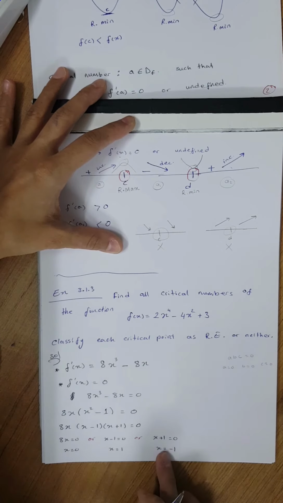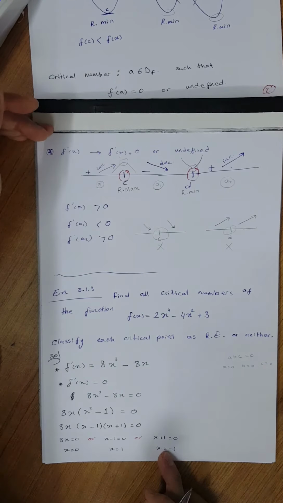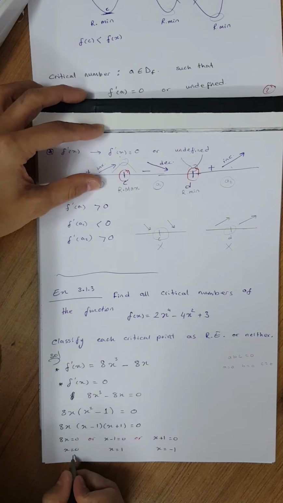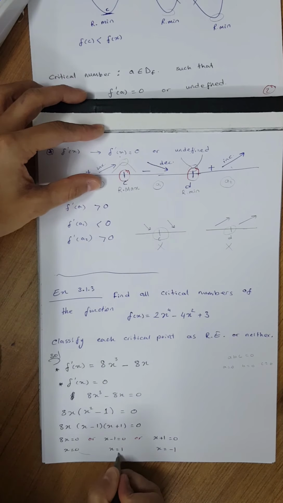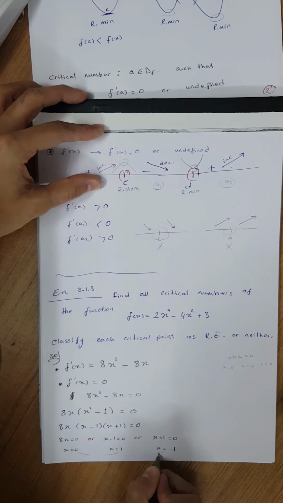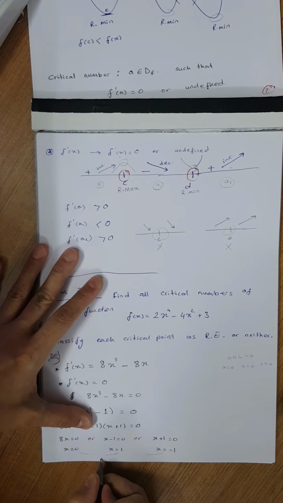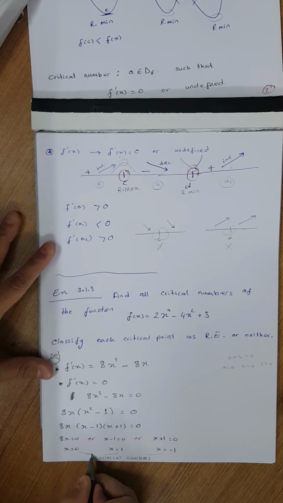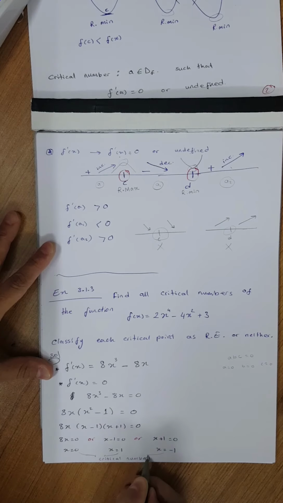What are those numbers that we found? These are the critical numbers. Do not forget that, okay? This number with that number with that number are called what? Critical numbers. As I told you, you have to write that these ones are critical numbers. You have to mention it.